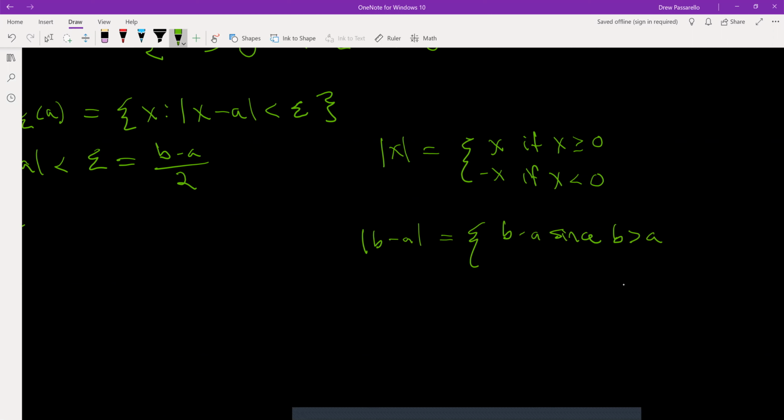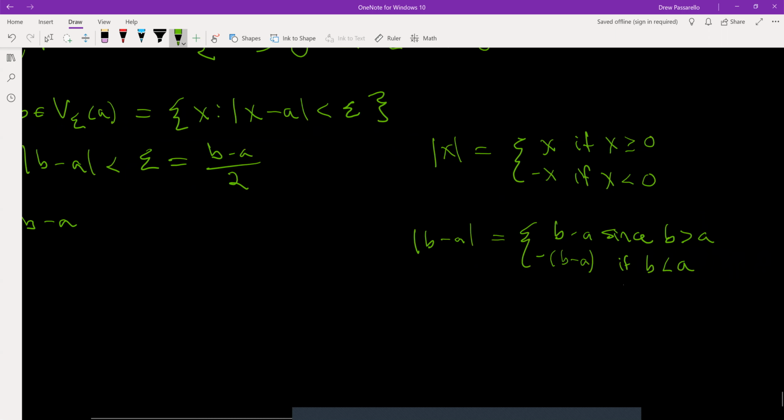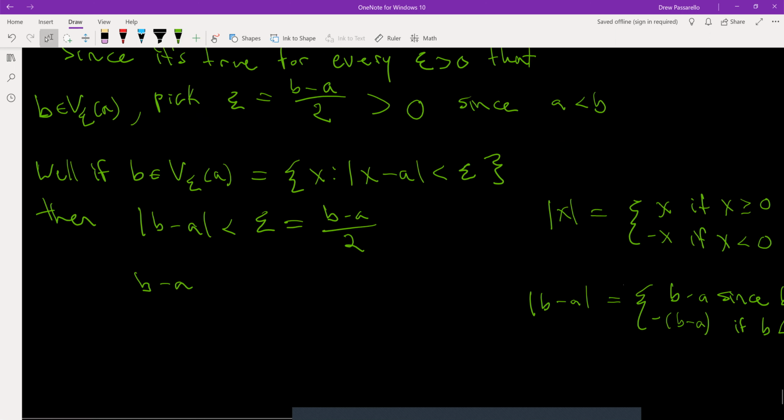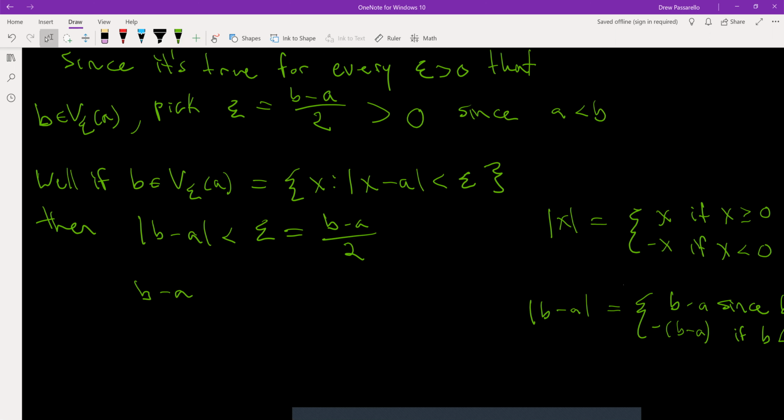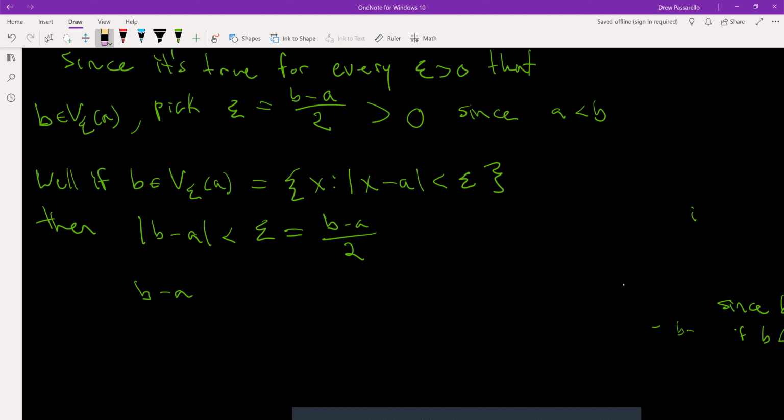Otherwise it'll be the negative of b minus a if we had b less than a. All right, so essentially I can just drop the absolute value signs. So I just have b minus a, and then that's saying I have b minus a less than b minus a over 2.